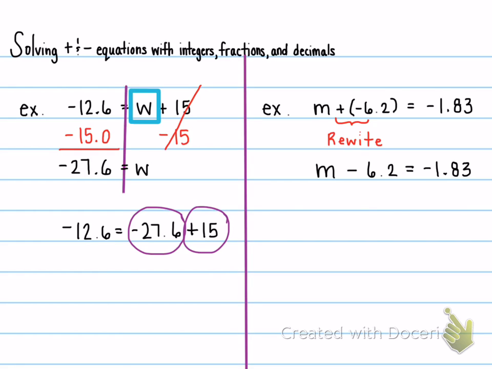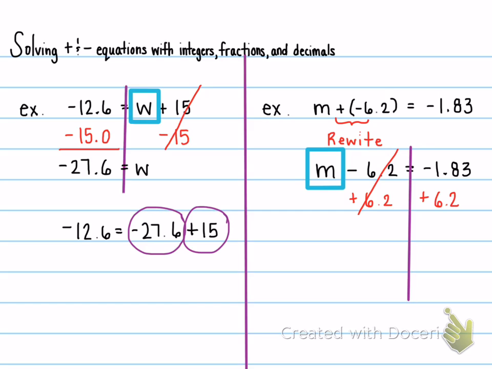All right, so I'm going to draw my line in, make sure I see my halfway point. I see that to get m by itself, I need to move minus or negative 6.2. So I'm going to add 6 2/10 to this side, and I'm going to add 6 2/10 to this side. Notice again, I lined up my decimals.